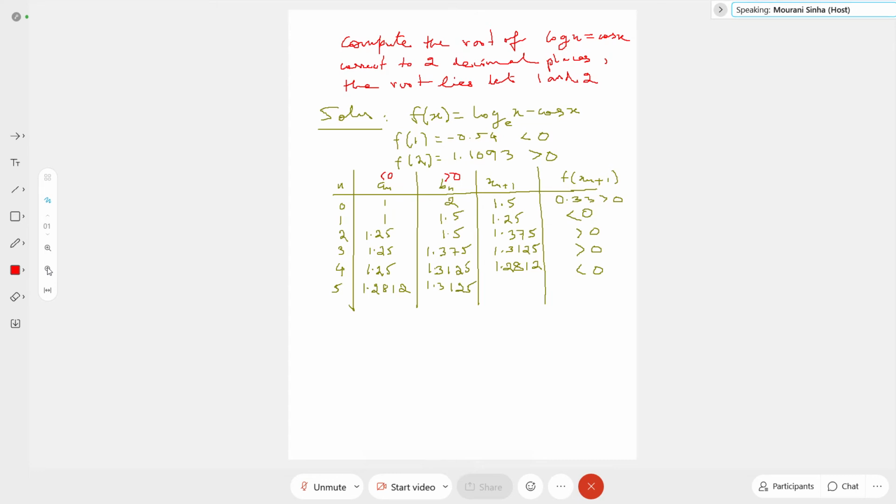Two decimal places. Okay, so your midpoint after this, fifth iteration midpoint, 1.2968. Okay.